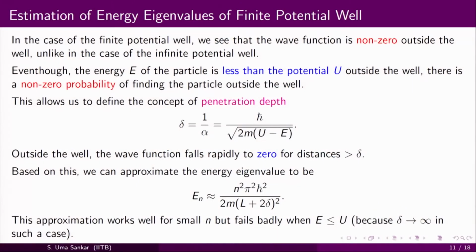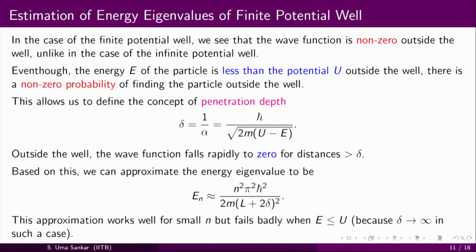Therefore, we can think of the width of the well as 0 to L plus delta on the left hand side and delta on the right hand side. We approximate this as an infinite potential well with width L plus 2 delta and estimate that the nth energy is n squared pi squared h cross squared divided by 2m times L plus 2 delta, whole squared.